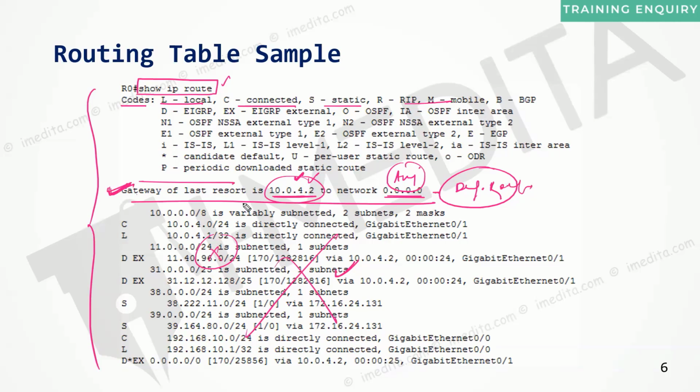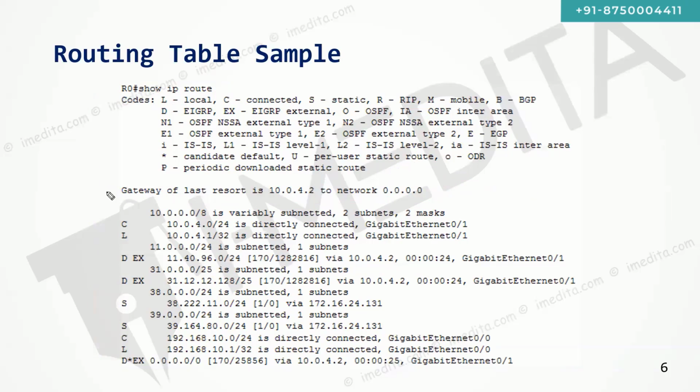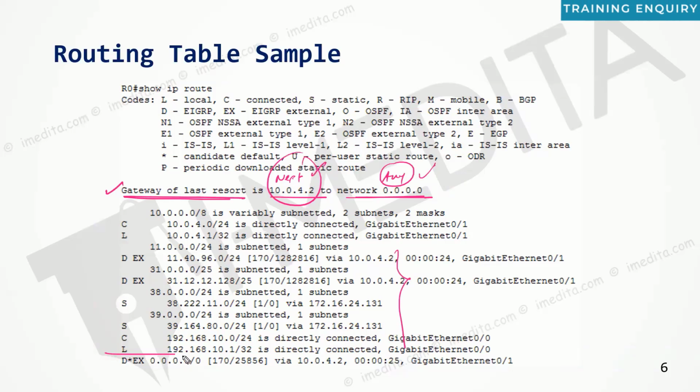So if you have configured a default route, then that default route information is also referred to as the gateway of last resort. This is going to be the next hop, and this is going to be the network 0.0.0.0. It means that to reach any destination that is not available in your routing table, you have to go to this particular next hop. It's also maintained here, by the way. So you can take a look at this, or you can take a look at this.